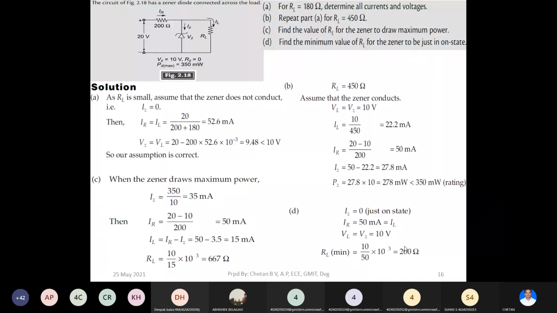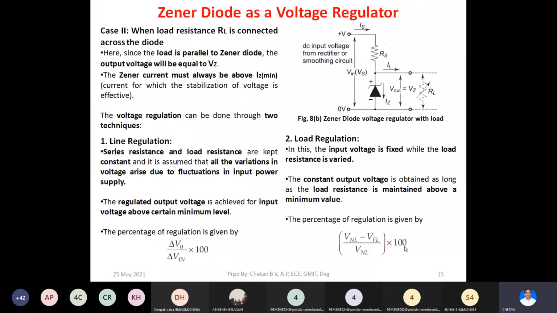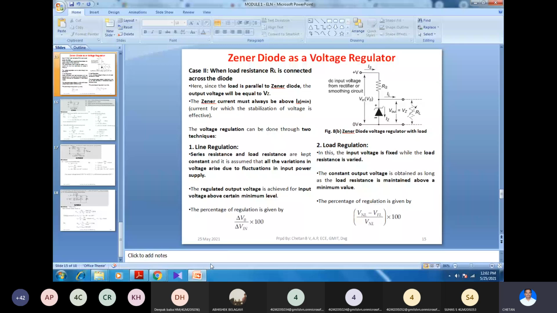Next, before solving some of the problems, we shall understand the operation of this Zener diode as a voltage regulator using our virtual labs. So I will take you to the virtual lab site.